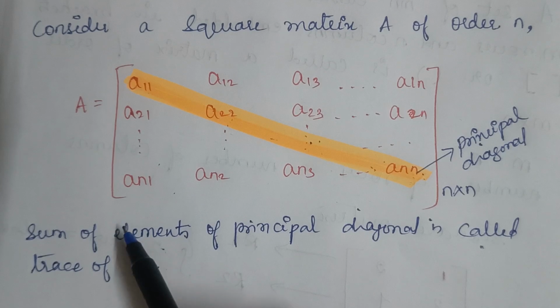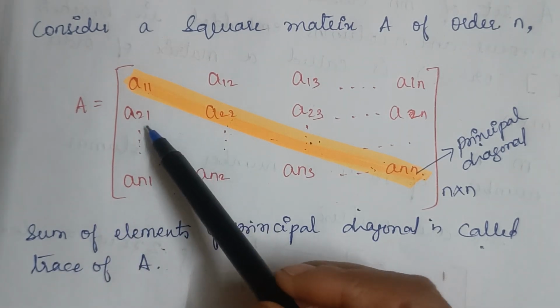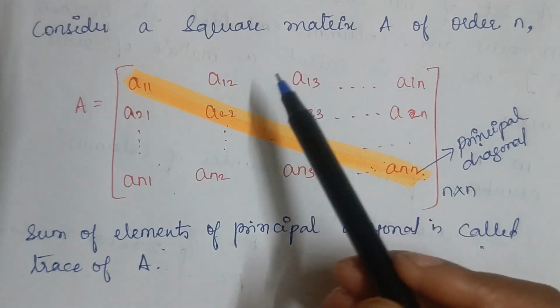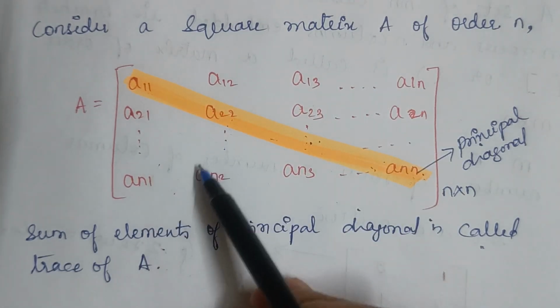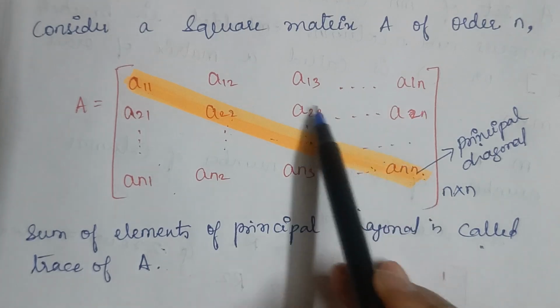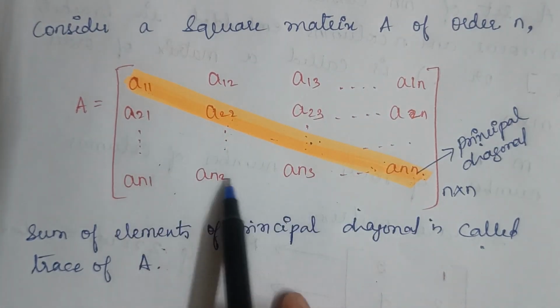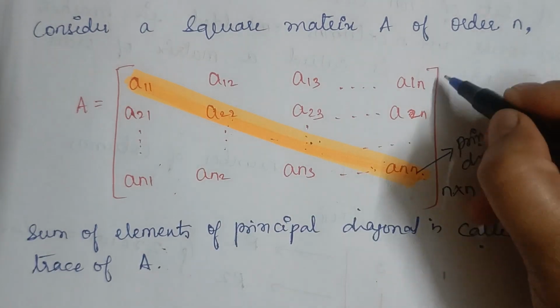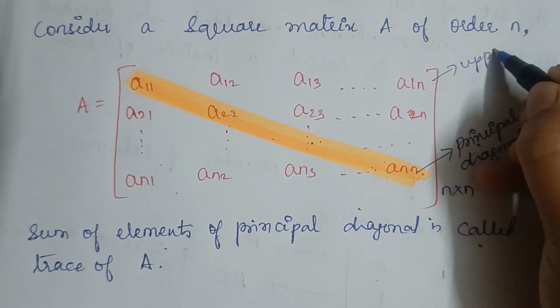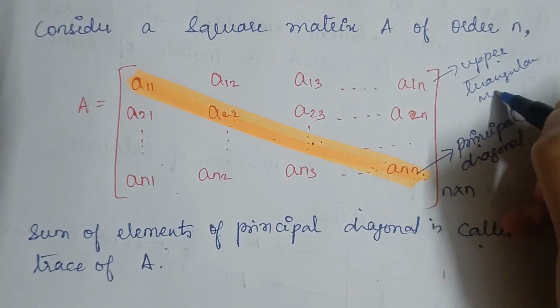When we say upper triangular matrix, below the principal diagonal we will have all the elements as 0, and above it we will have non-zero elements. So it is called an upper triangular matrix.